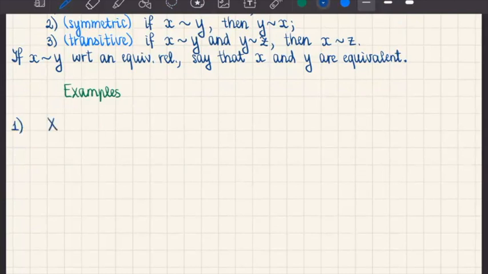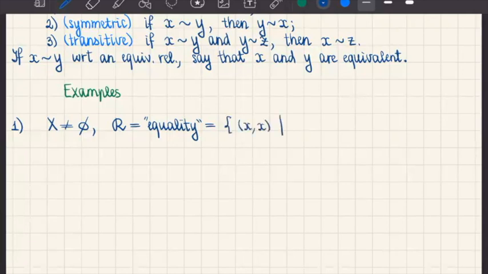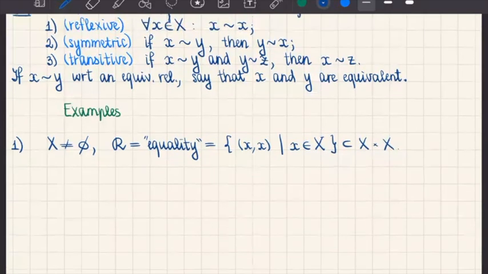First, if X is a non-empty set, and I consider the relation R to be the equality. Namely, I only consider (x, x) as the pairs for every x in X. And we can check that this is an equivalence relation because it is reflexive.